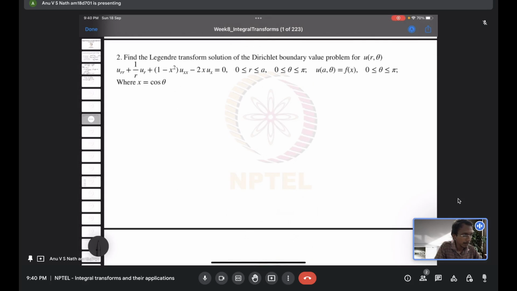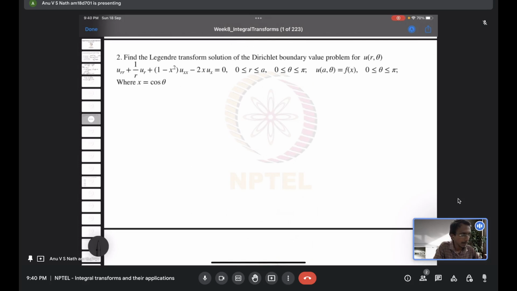So r is bounded between 0 and a. So it's actually a finite domain which is extending from 0 to a in terms of the radial coordinates. And theta is an angular coordinate which extends from 0 to pi. So theta is like x equal to cos theta, from there it came.